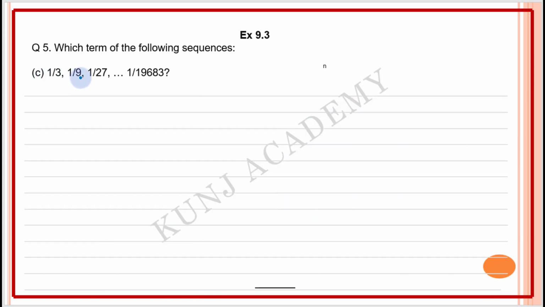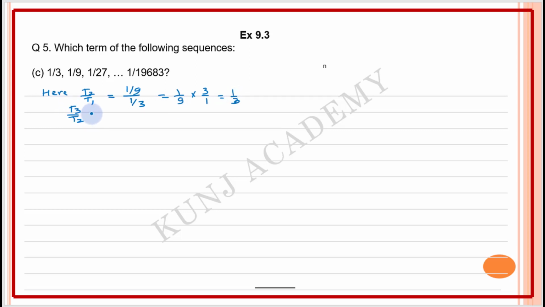C. 1 by 3, 1 by 9, 1 by 27 and the last term is 1 upon 19,683. Here T2 upon T1 is equal to 1 by 9 upon 1 by 3, which is 1 by 9 into 3 by 1, equal to 1 by 3.